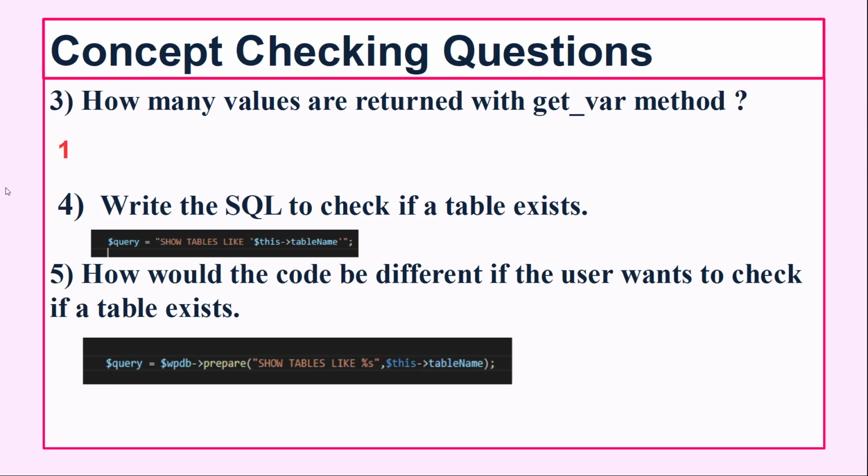What that does is it allows the prepare method to insert that variable into the SQL, and it does all sorts of checks. As you can see, that percentage mark with that S is a data type check, so it's saying it has to be a string that enters into there.